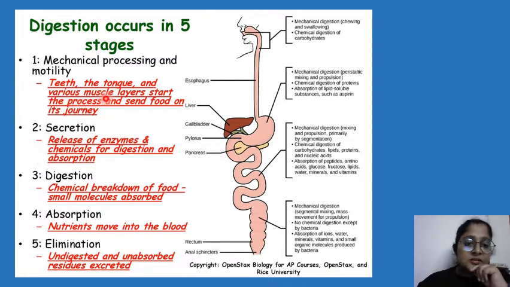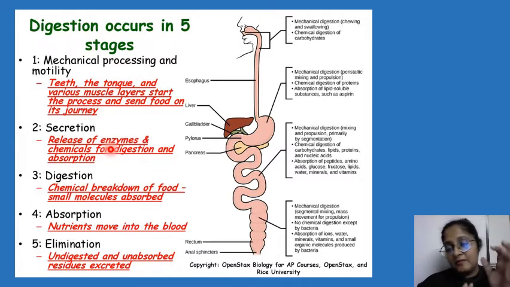Teeth, tongue and various muscles start the journey of any nutrient that we'll be talking about. Next is secretion, which is very important because without the secretion of the chemicals or digesting enzymes, digestion will not take place, propulsion will not take place, and definitely there will be improper digestion.